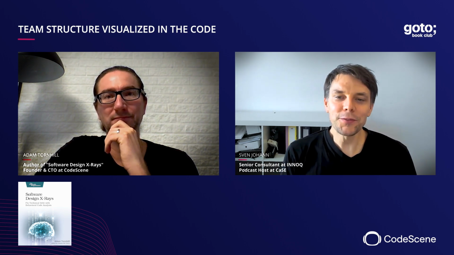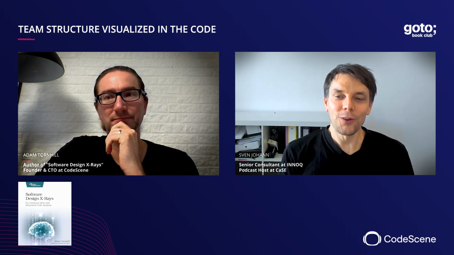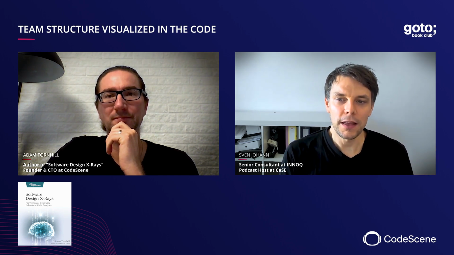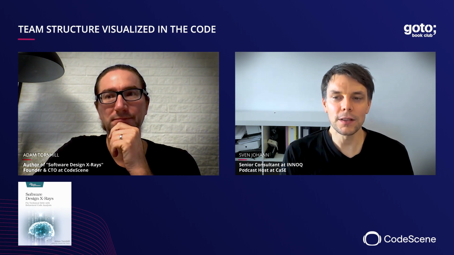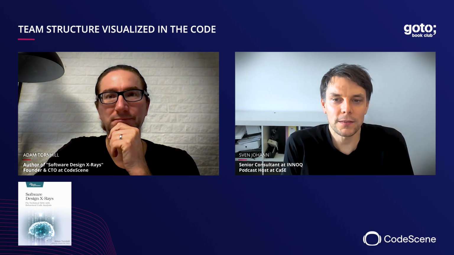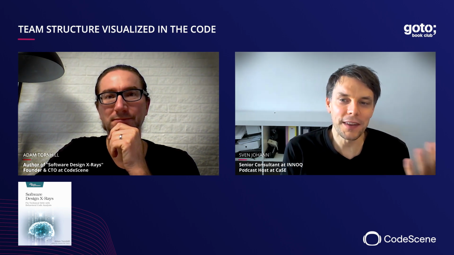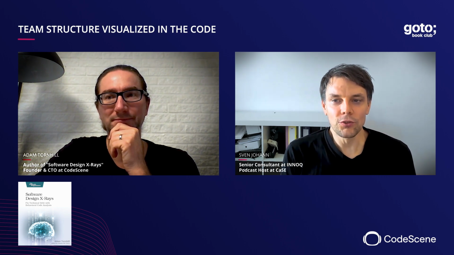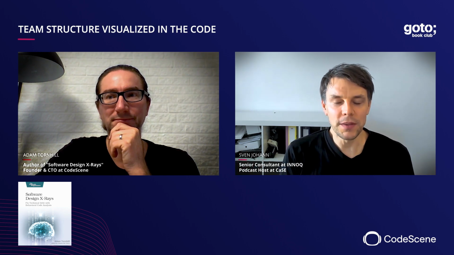And I have to admit, when I talk about CodeScene, I used to talk only about hotspots, and I totally ignored that feature. So it seems to me that it's an even more important feature. Or, is it more important? I don't know. But right now, it feels like something you should use in each and every project to really reduce your team dependencies.